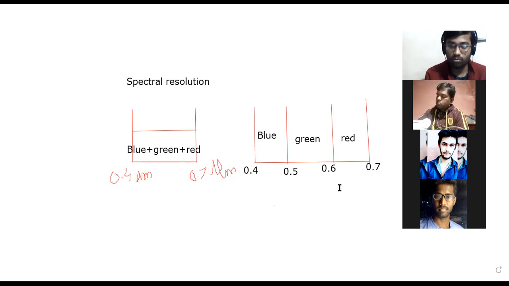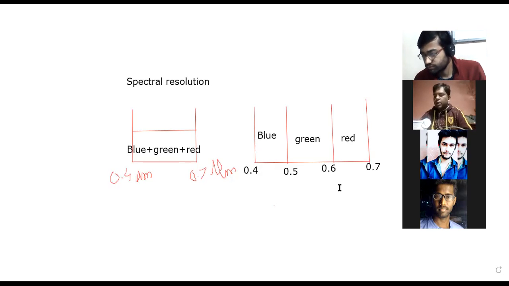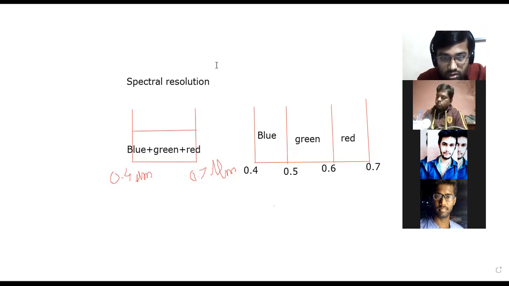If I am using more than hundreds of such bands, then you can say hyperspectral imagery, like this. Clear? So based on this, we have multispectral sensors and hyperspectral sensors.